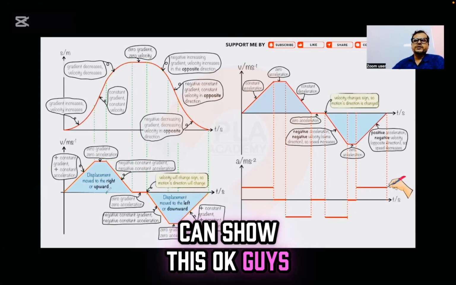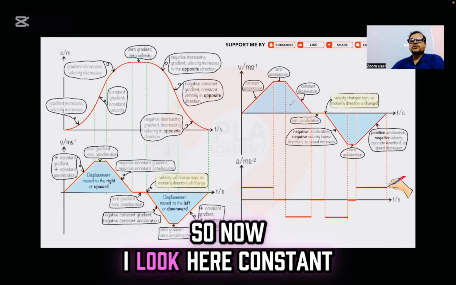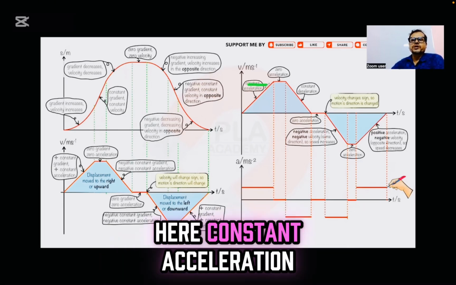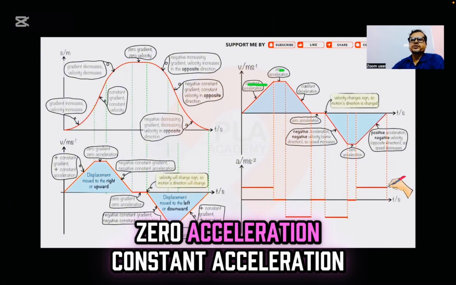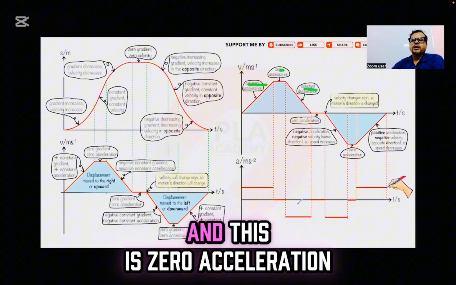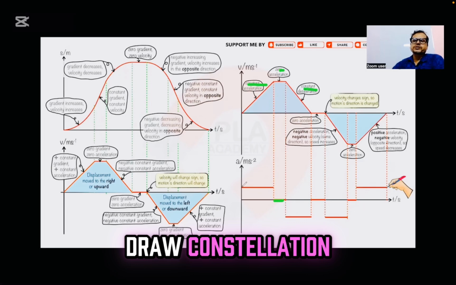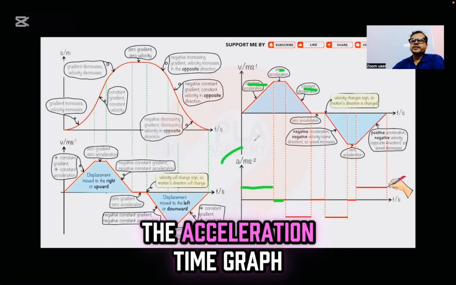Okay, guys, now look here: constant acceleration, zero acceleration, constant acceleration, and this is zero acceleration. Like this we can draw constant acceleration. That means this is the acceleration time graph.